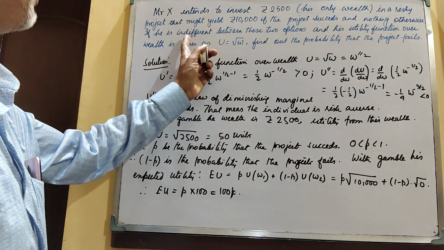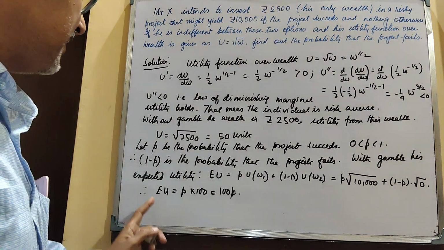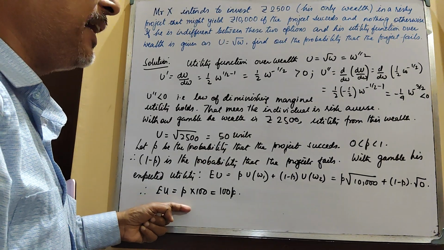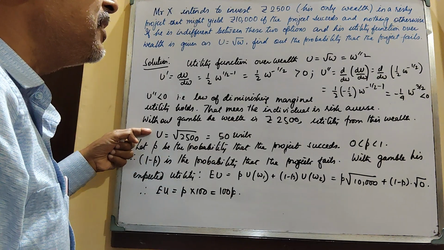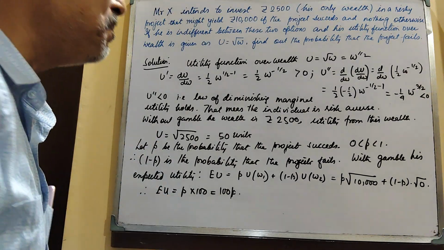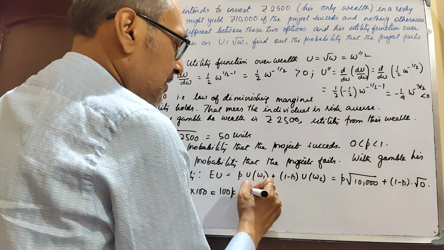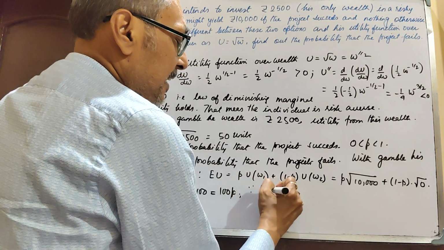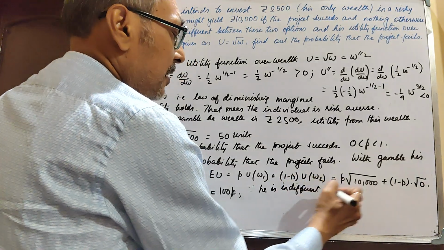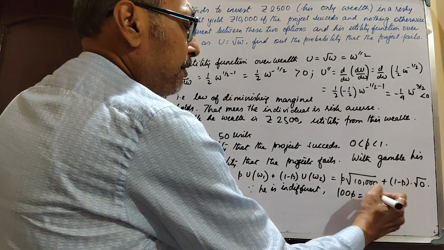Now, according to the question, he is indifferent between these two options. That is, he is indifferent between this expected utility, utility from the gamble, and utility without gamble. We just equate these two to get the value of P. Since he is indifferent, 100P equals 50.